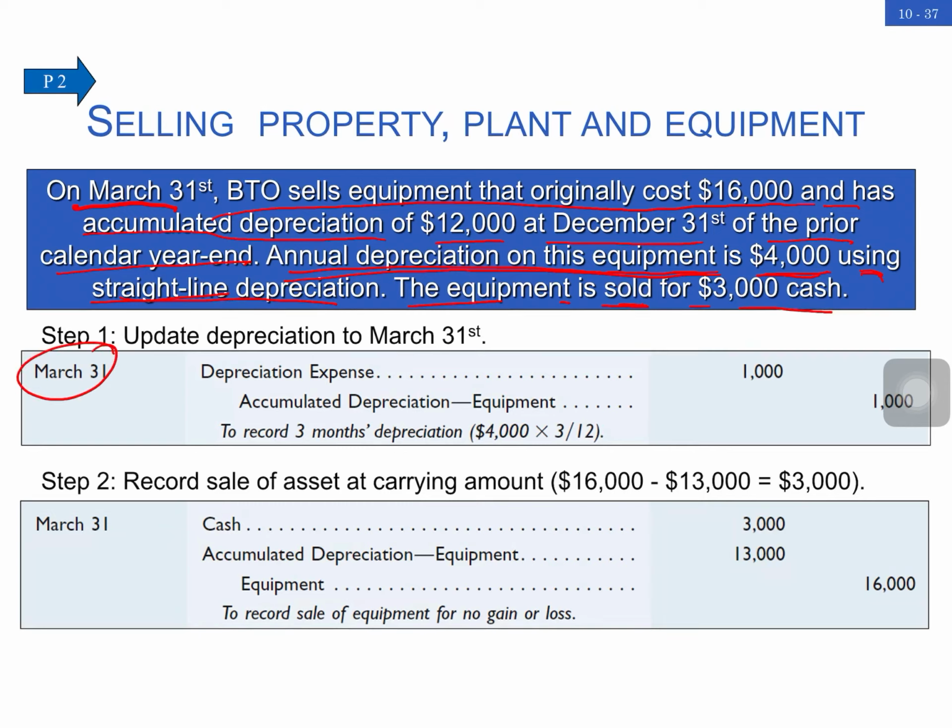Okay. So on March 31st, you have to update the depreciation first. Depreciation expense 1,000 and accumulated depreciation 1,000, right? Because this 12,000 is only until December 31st of last year, but we're going to sell the equipment on March 31st, meaning that you need to add 3 more months.